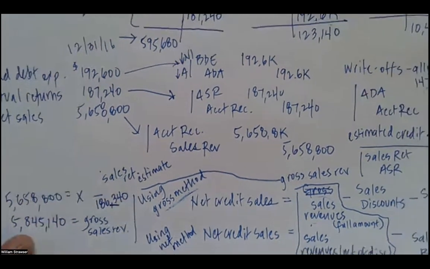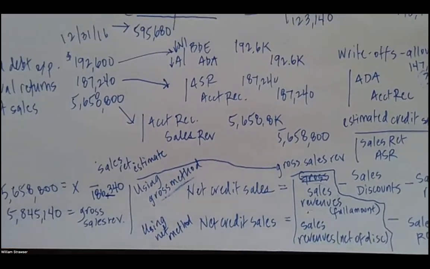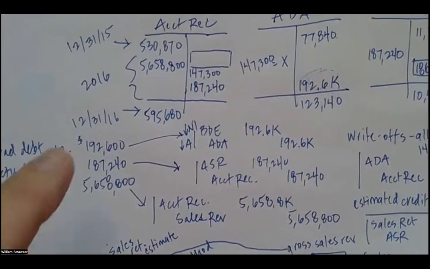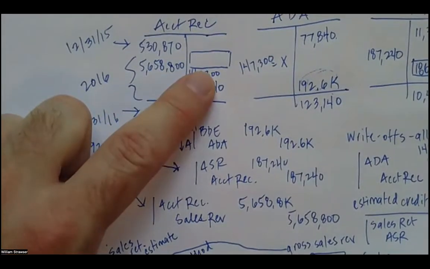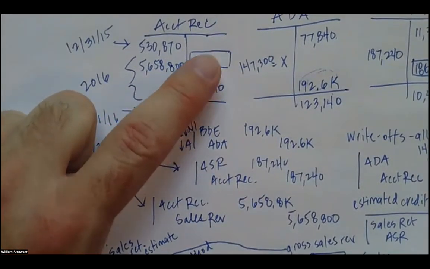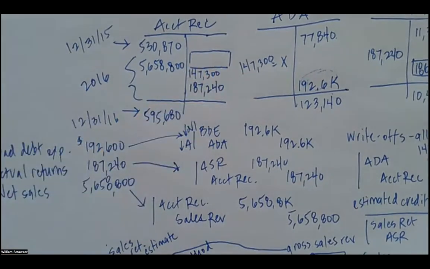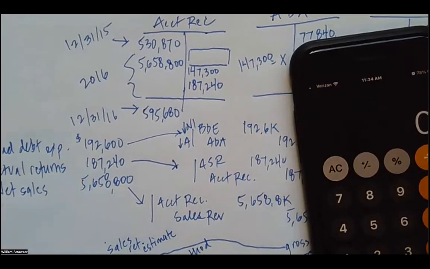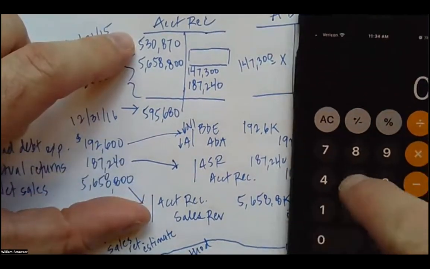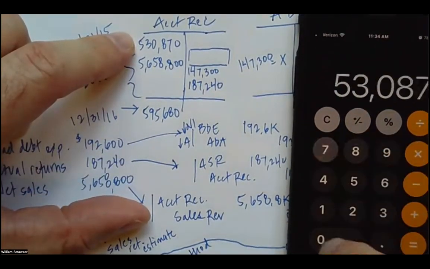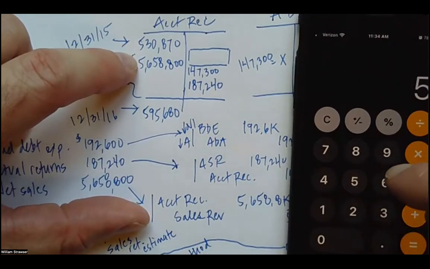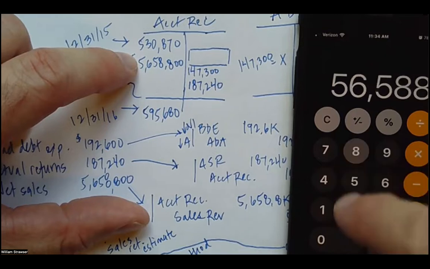All right. The final piece is for the collections. And we basically could have solved that already, because that was the only missing amount here, the amount of collections we made from customers. And so, just doing the reconciliation, we have a $530,870 debit balance that's increased by our sales revenues during the year.